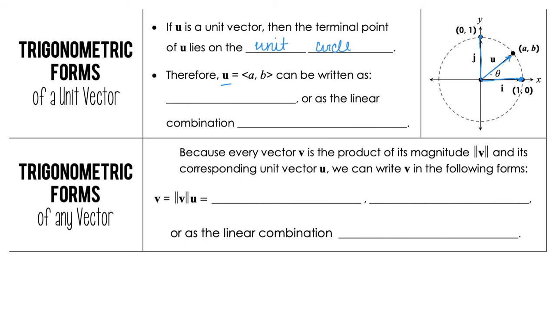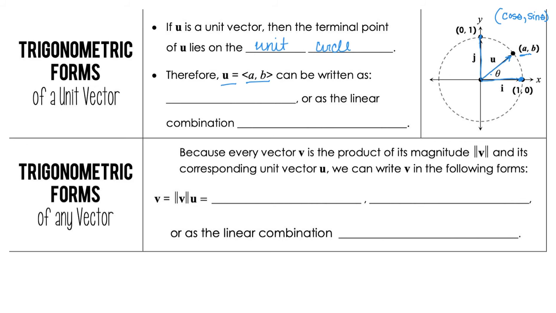Therefore, U, in the component form of AB, can be written as, remember on that we always said it was cosine of the angle, comma sine of the angle.